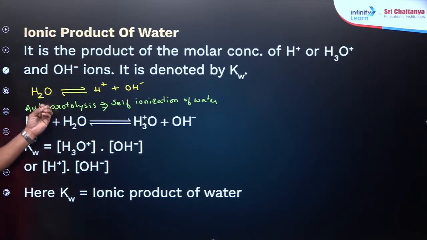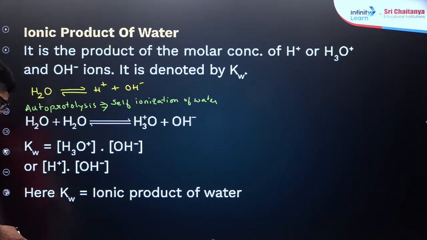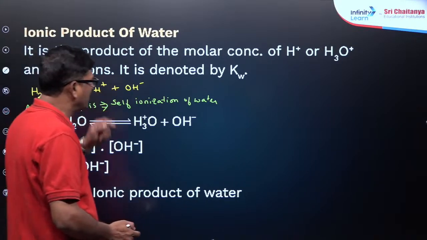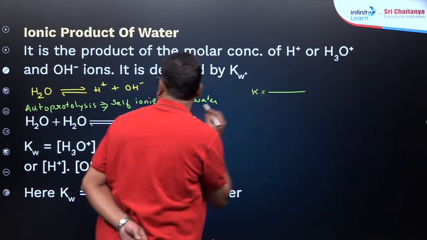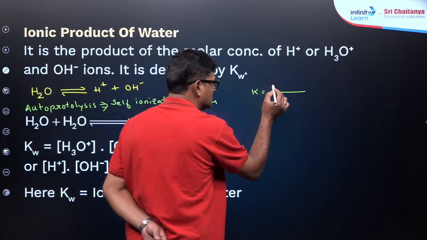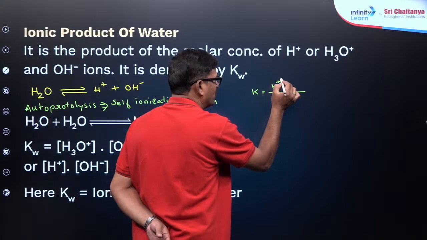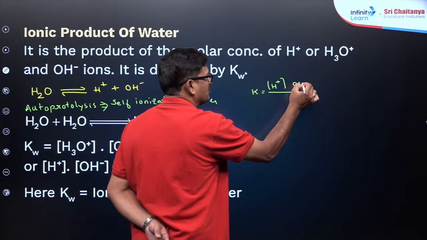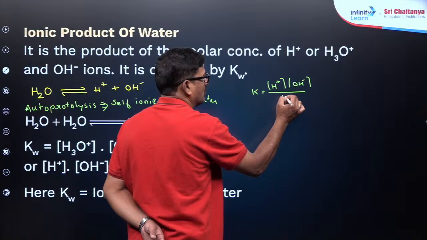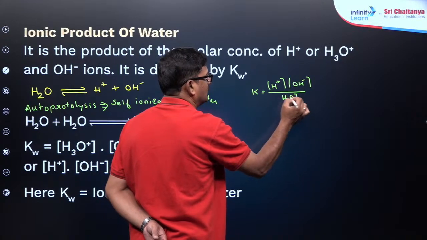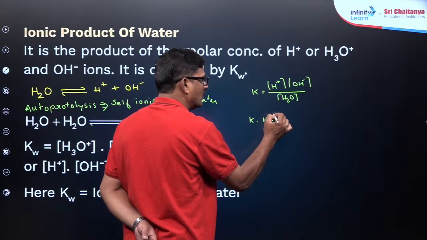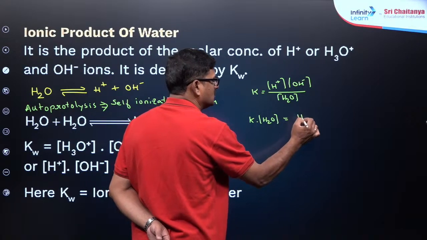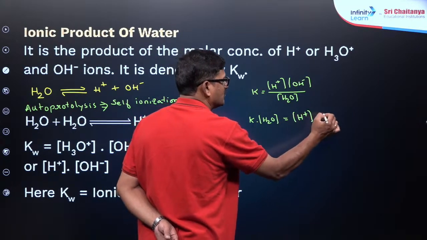Now when autoprotolysis happens, let us apply. K is equal to H plus and OH minus divided by H2O. You can write K times the H2O molar concentration is equal to H plus and OH minus.